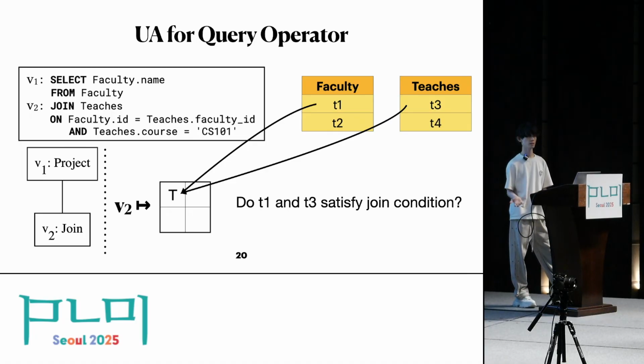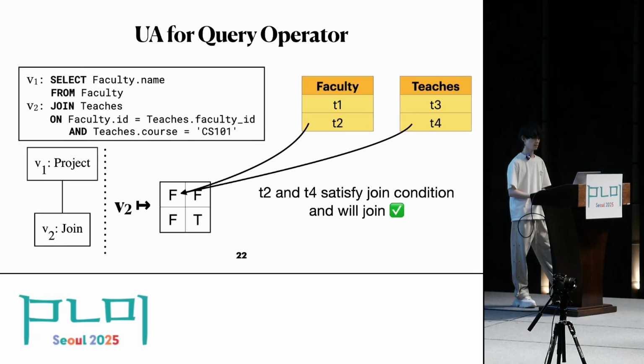Each element of the matrix may take one of two possible values. If the value is T, or true, it means the corresponding tuple pair satisfies the join condition and will be joined. Otherwise, if it is F, or false, it indicates the tuple pair doesn't satisfy the join condition. Here we have a concrete example of an under-approximation for this operator.